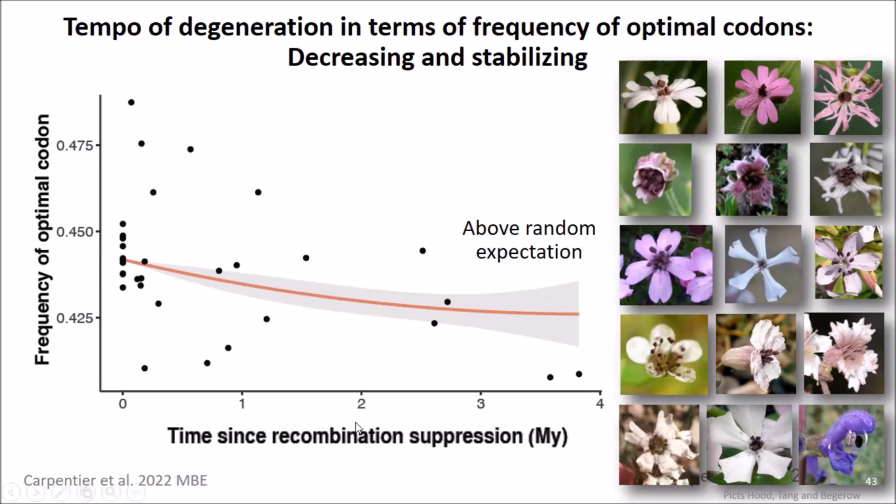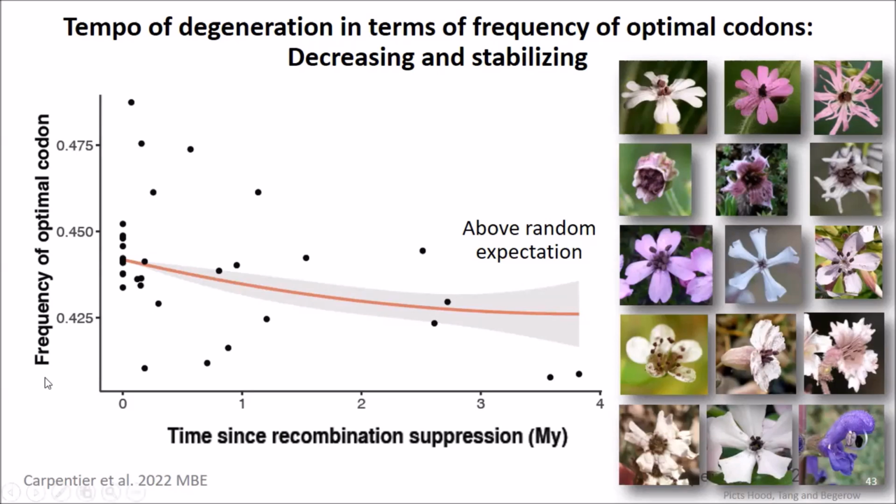So we actually had 21 independent events of recombination suppression that we could date in million years. And so we estimated some different measures of deleterious mutation accumulation in these different strata of different ages to see the dynamics of deleterious mutation accumulation with time.